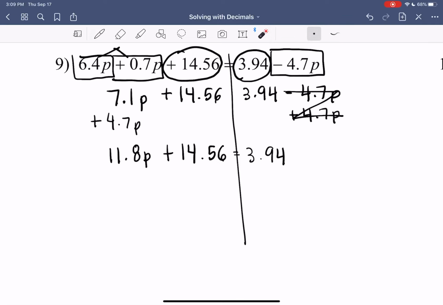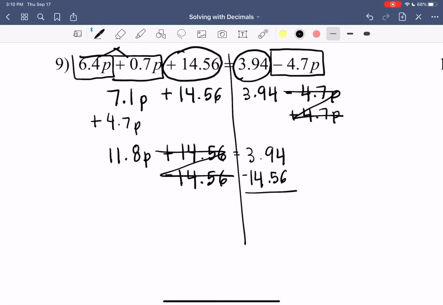Now we go to our third step, which is to see if we have constants on both sides. So if this is a constant without a variable, 14.56 and 3.94, we will move the constant that's on the same side as the variable by changing its sign. So that becomes our zero pair on the right side, 3.94 minus 14.56.